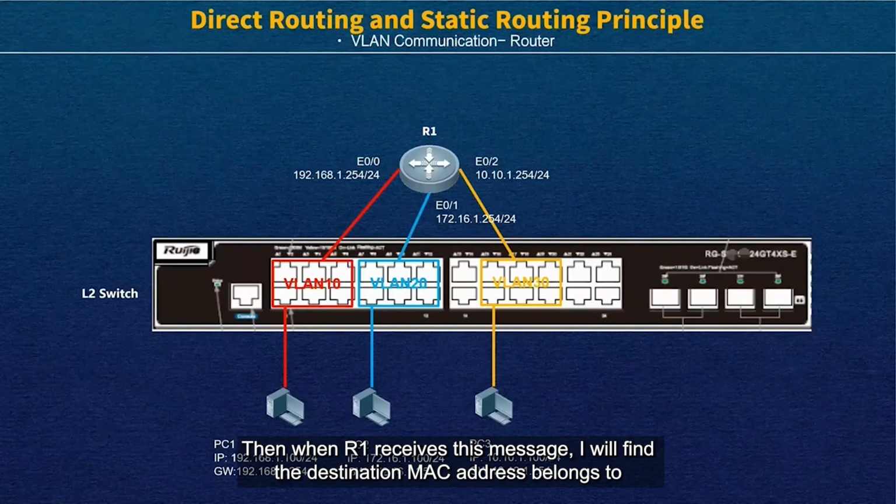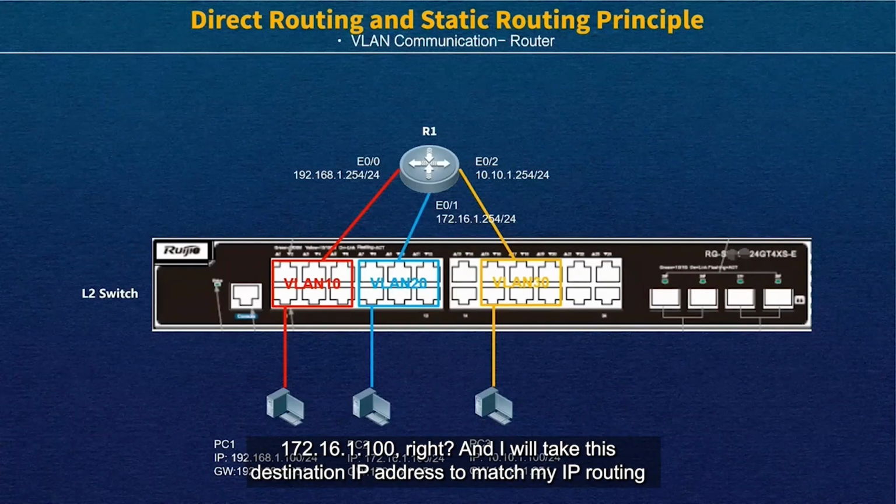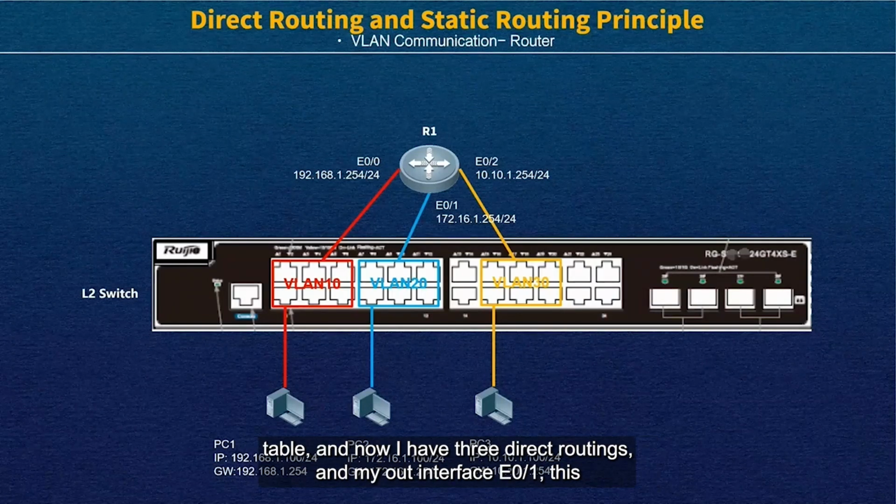Then when R1 receives this message, I will find that the destination MAC address belongs to my physical interface, so I will delete this layer. And then I will find the destination IP address is 172.16.1.100, right? And I will take this destination IP address to match my IP routing table.